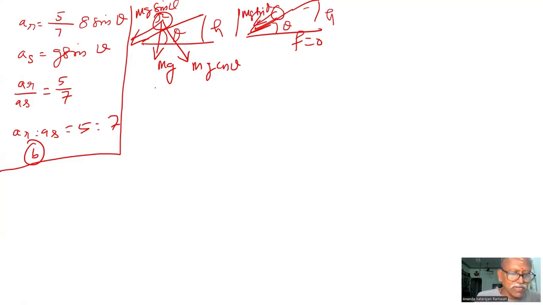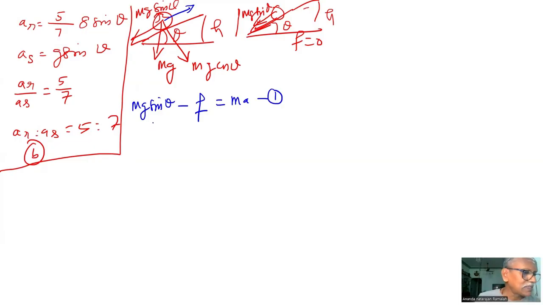For this, what can we write? The downward force is mg sin theta. What is the upward force? It is rolling. Therefore, the frictional force F, upward force, equals the net force, which is equal to mass into acceleration. Equation 1.